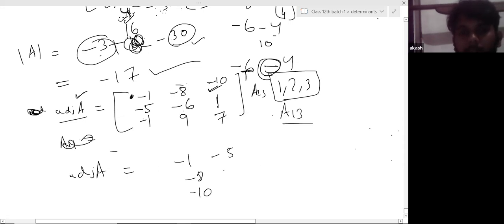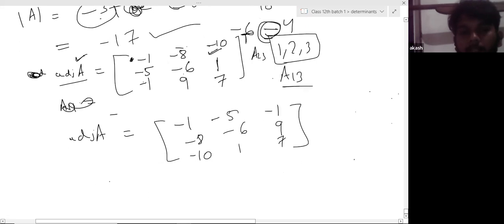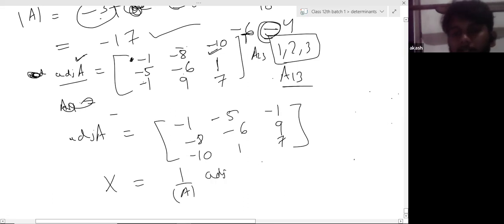Too many minuses here. Minus 6, 1, minus 1, minus 7. All right. This is our adjoint of A. And we have already calculated determinant of A. So final answer X, inverse of A, is 1 upon determinant A, adjoint of A, multiplied by matrix B. Can anyone tell me how is matrix B?